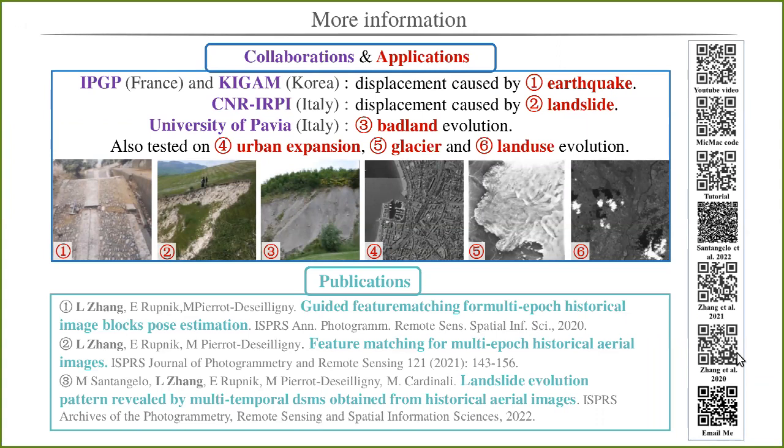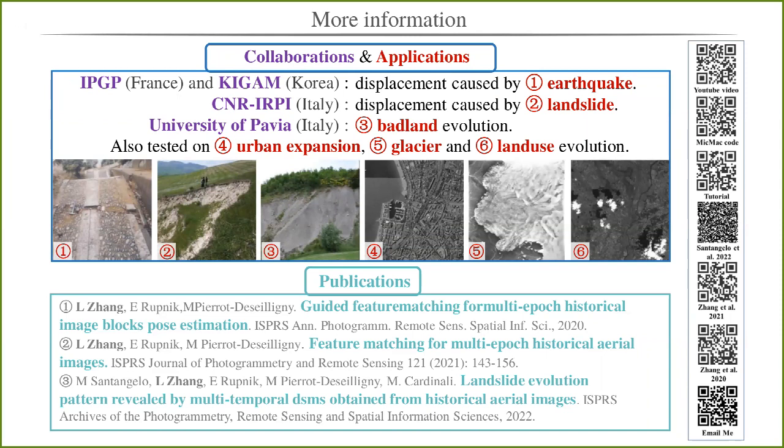Here I displayed more information related to our method. First of all, collaborations and applications. Currently, we are collaborating with IPGP and KIGAM for displacement caused by earthquake. Another one is with CNRS for displacement caused by landslide, and also with the University of Pavia for badland evolution.